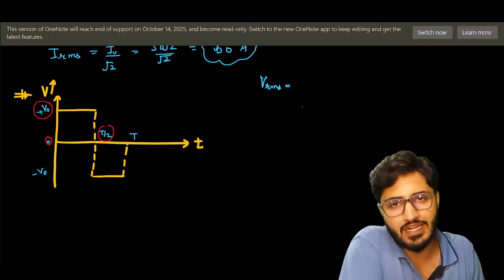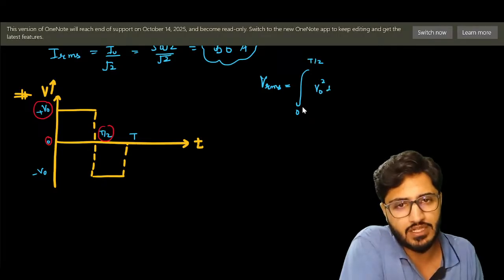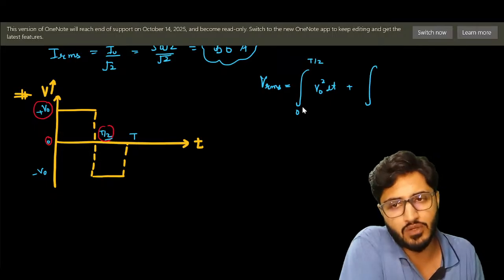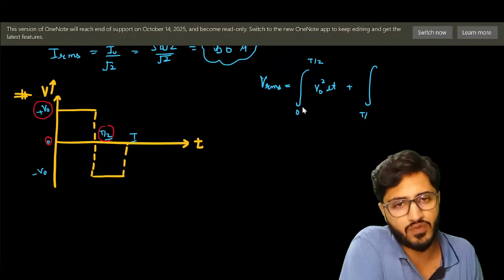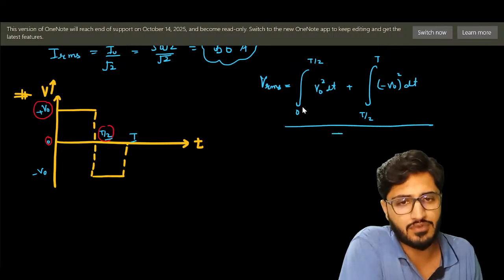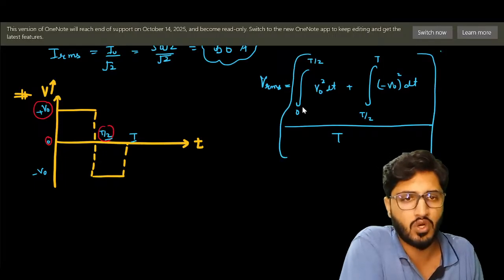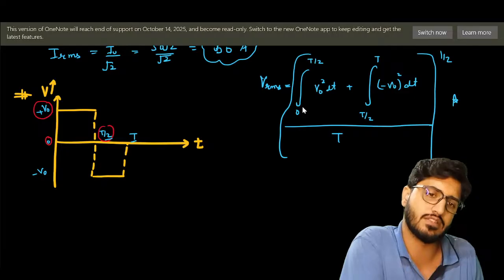So I will write here, integrate from 0 to t by 2, value is V naught square dt, plus then we are going from t by 2 to t, and my answer is V naught square, dt, whole divided by total time t. Then I will take the root, it is 1 by 2. This is my answer.